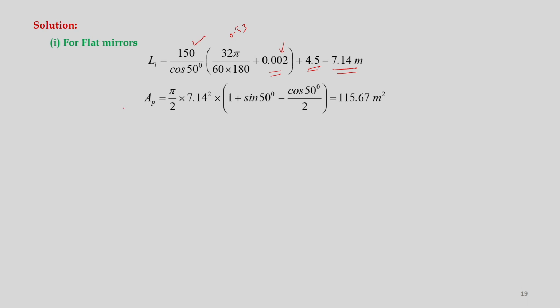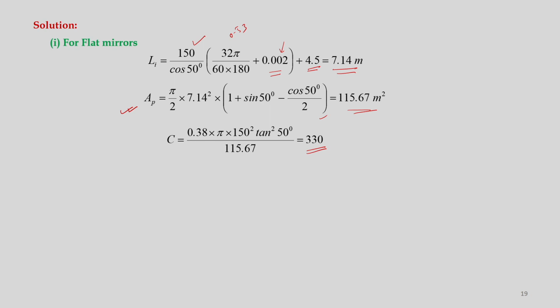And also we can calculate the area of the absorber by using the expression proposed by the researcher. So, we can substitute those values of Li here, and it is found to be 115.67 meter square. And if we calculate this concentration ratio, it is found to be 330, right.